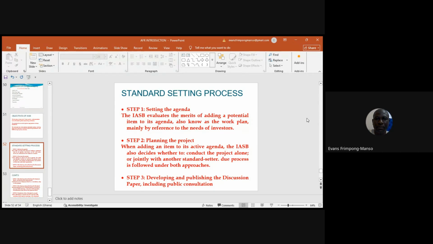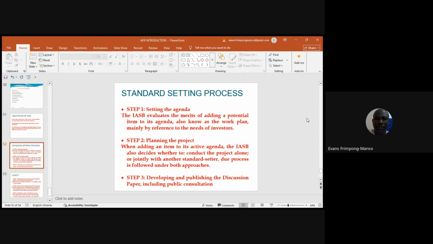And when we say they are steps, it means from 1 before you can go to 2. So when I ask you in the exams to state the standard setting process, you can't go and state planning the project as the first one, because they are steps. Without 1, you can't go to 2.